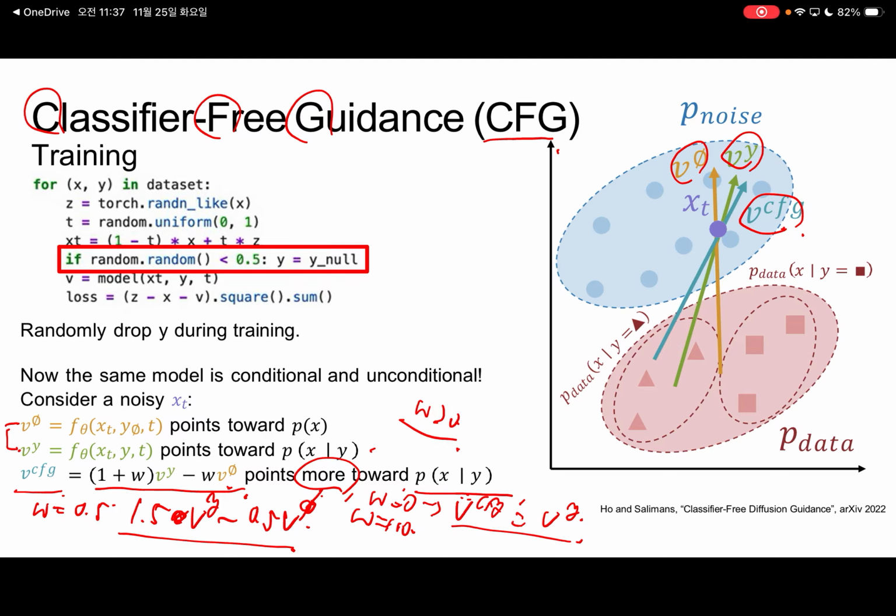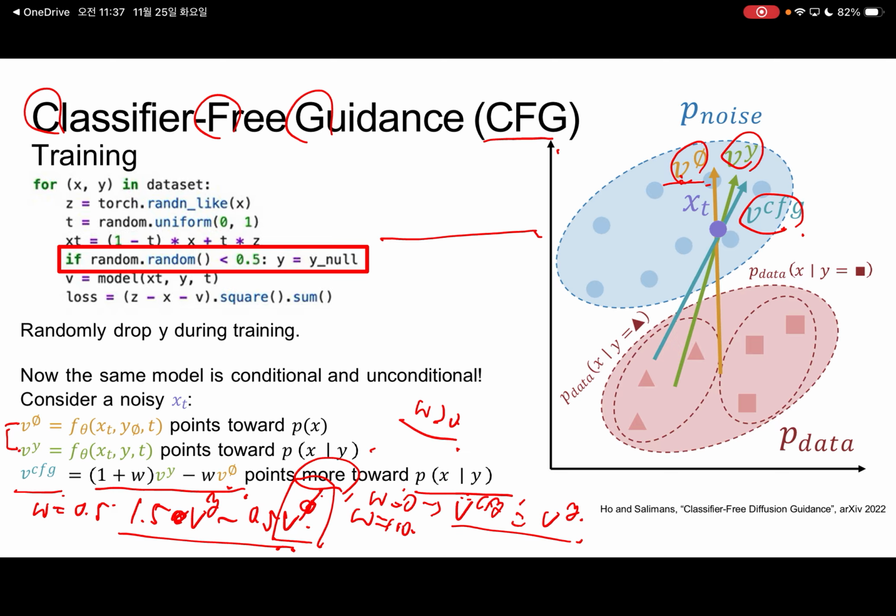The model is very strongly biased to the condition, but it loses some V null. So V null is just the prior distribution of images, right? It models some prior distribution of images. It has low probability for images with arbitrary patterns.